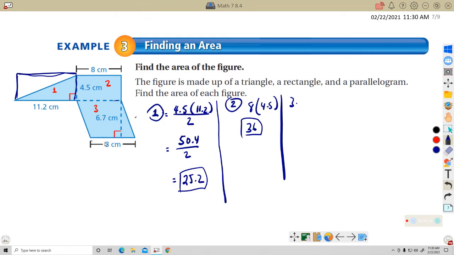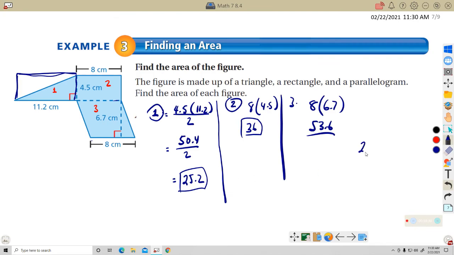This is 8, and this is 8, and this height is 6.7. So this got easier. I thought I was going to do more rectangles, more triangles. 8 times 6.7, because that's our trapezoid, is 53.6.